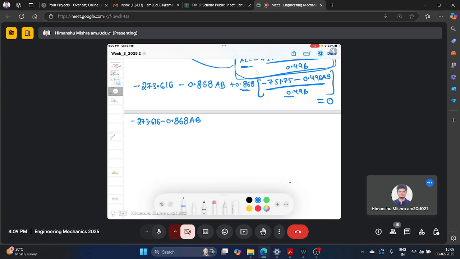So it will be plus 1.75 minus 751.75 minus 0.496 AB equals 0.